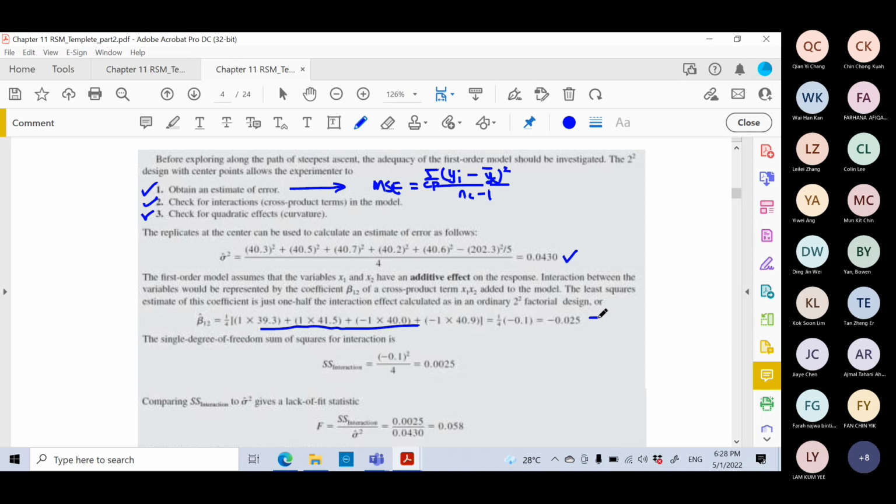The contrast for the AB divided by n times 2 power of k minus 1. So this one is what you have for the beta of the 1 2 here.